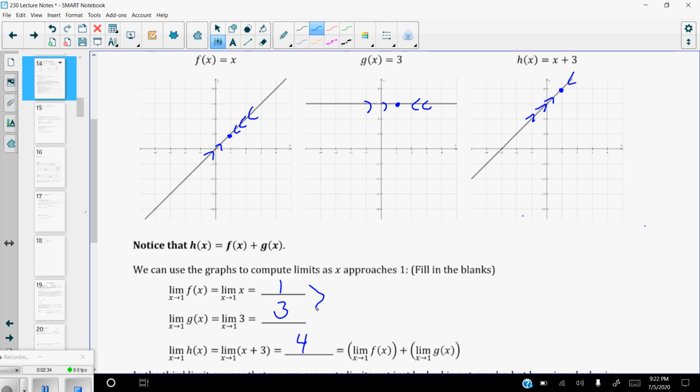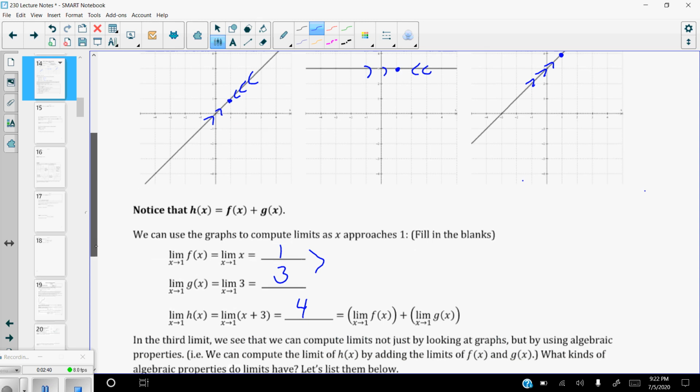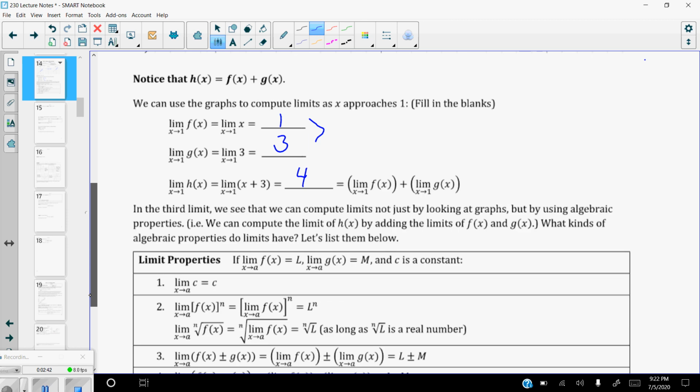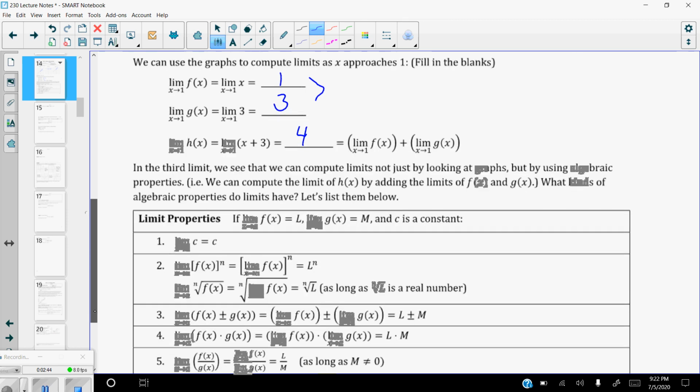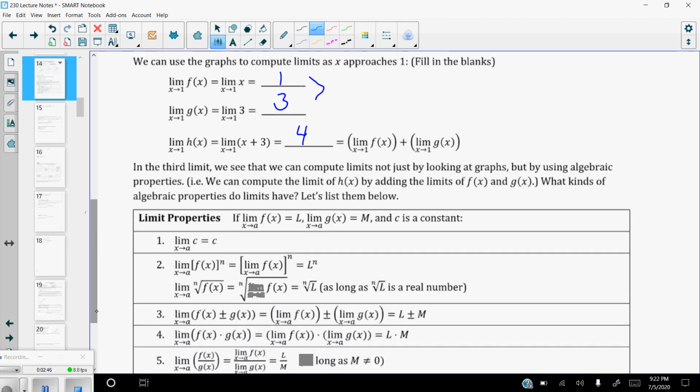It's the limit of f of x at 1 plus the limit of g of x at 1. So that actually does work in this case. The third limit was just literally the sum of the other two, because the f of x and g of x functions were just added together.